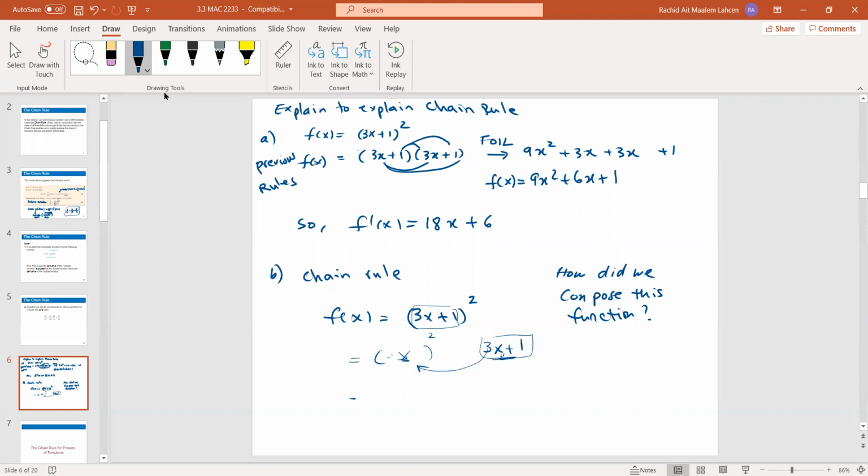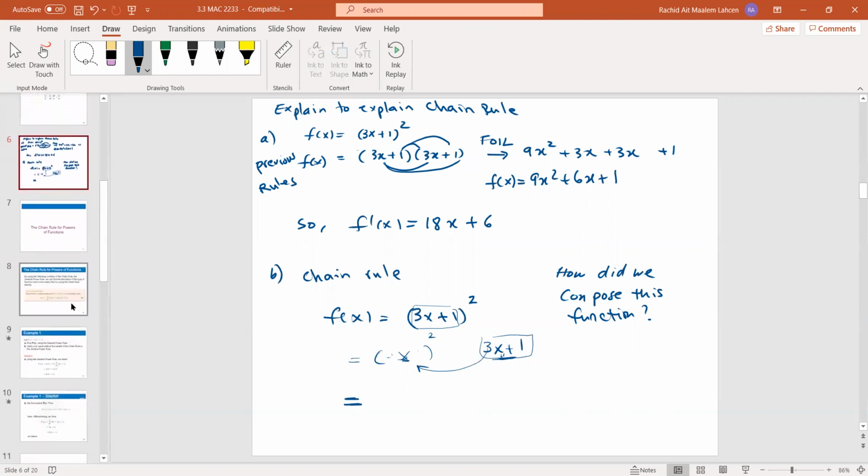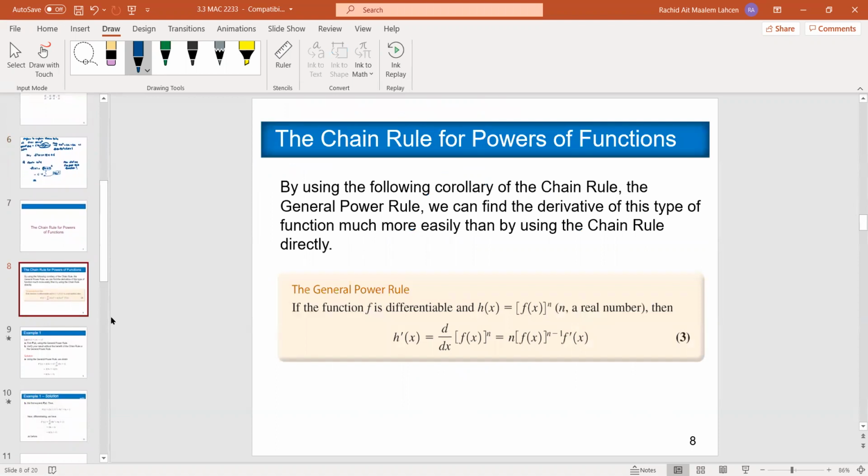So this is how it would look. You will do the derivative, and let me show you this formula now that we have to do it, which is the power rule with the chain rule. So in the past, if you have x squared, the derivative, you just do 2x, right?